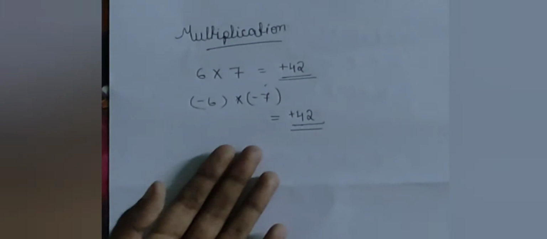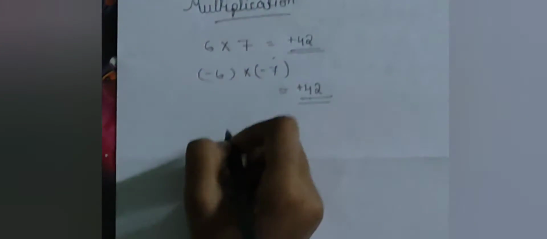When we multiply one positive integer and one negative integer, their product is always negative. For example, positive 6 into negative 7 is equal to 6 into 7, 42. Here we have one positive and one negative.